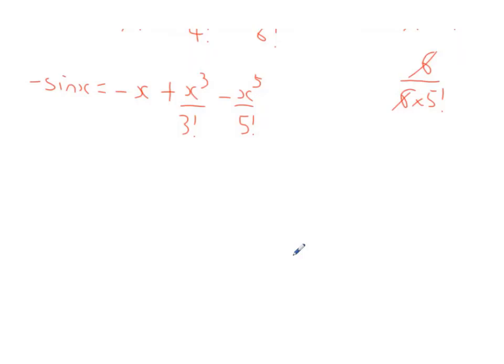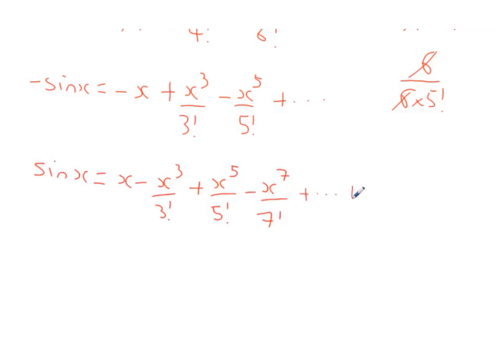To turn that into sine x, you can just times by minus 1 or divide by minus 1, whichever way you want to look at it. So that would say sine x equals x minus x cubed over 3 factorial plus x to the 5 over 5 factorial minus x to the 7 over 7 factorial, and then plus dot dot dot.